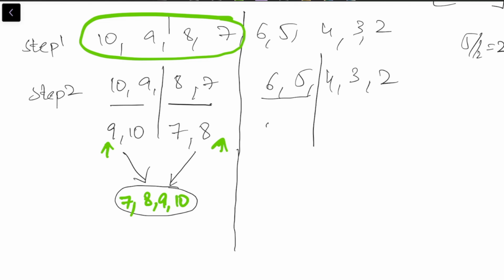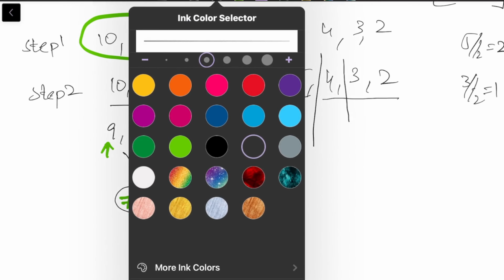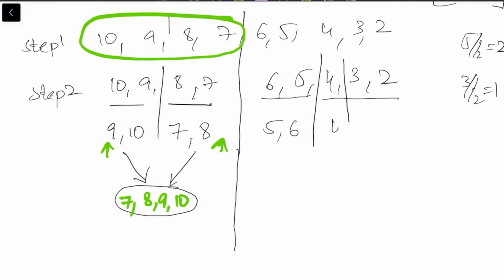So it will directly send 5, 6, the numbers in sorted order. But here the length is not less than or equal to 2. What it tries to do is 3 by 2, which is 1, and it splits like this: 4 and 3, 2.